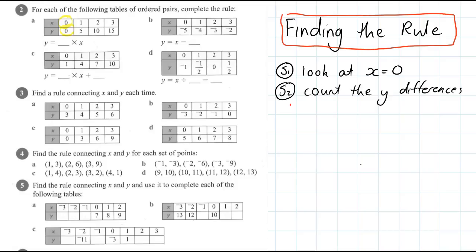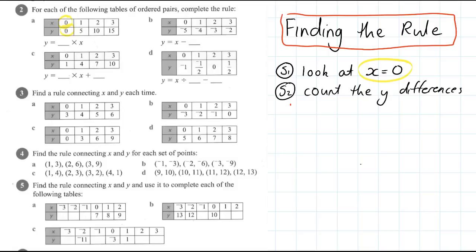Okay, now there's two things I like to do that are just tricks to make it easier. The first one is look at when x equals 0. X equals 0 is fantastic because when you times, nothing happens. Anything times by 0, nothing happens. The only thing that changes is the plus or minus bit.